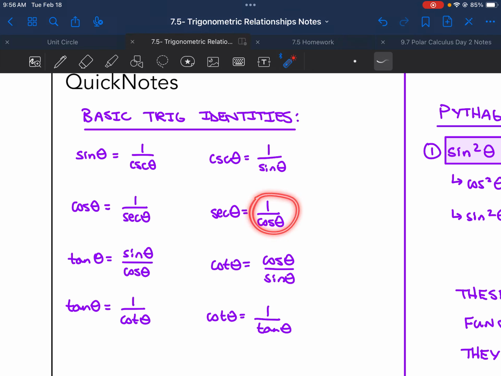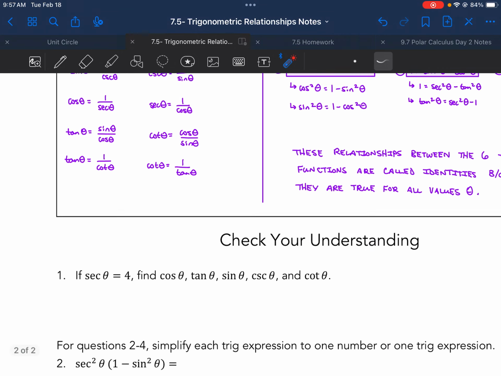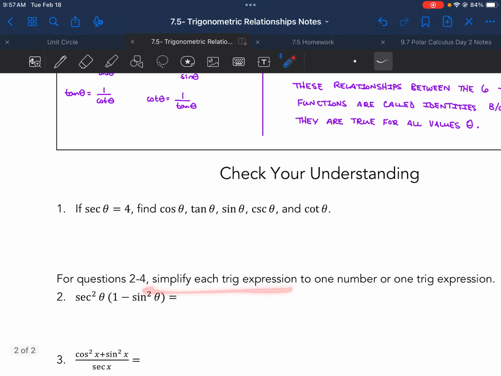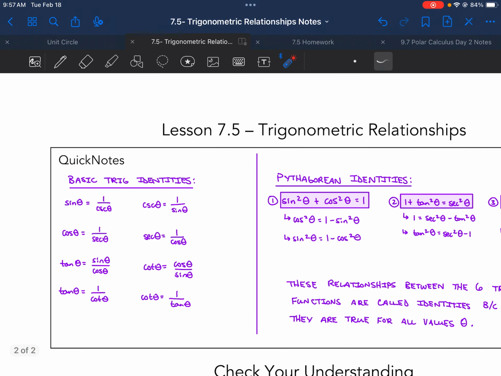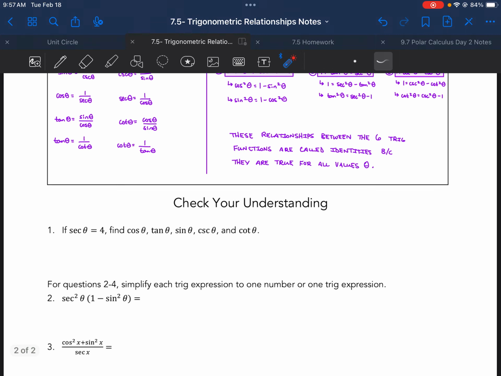Secant can be 1 over cosine of theta. And cotangent can be rewritten as cosine of theta over sine of theta. So this is really helpful, especially when we get down to simplifying trig expressions, because it gives us a way to rewrite every single trig expression in terms of sines and cosines. And you'll see what I mean when we work on those here in just a minute.